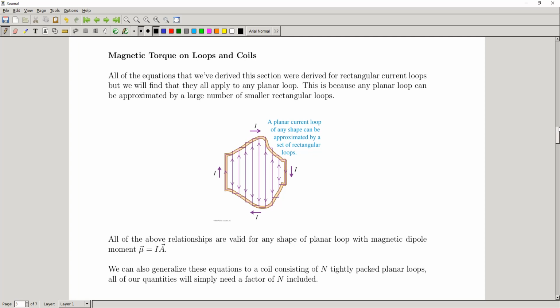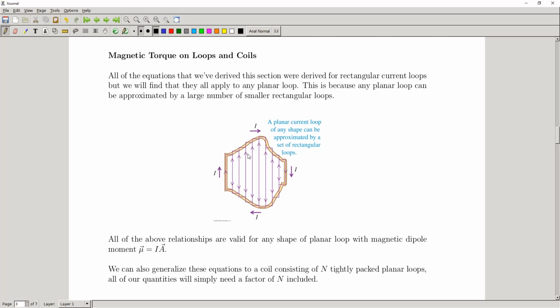What's meant by a planar loop? Well, a planar loop is basically any loop that you can lay flat on a table, right? It has some shape in 2 dimensions, but it isn't bumpy in a 3rd dimension. No part of it would stand up. You can embed this thing in a sheet, in a plane, and that's why we call it a planar loop.